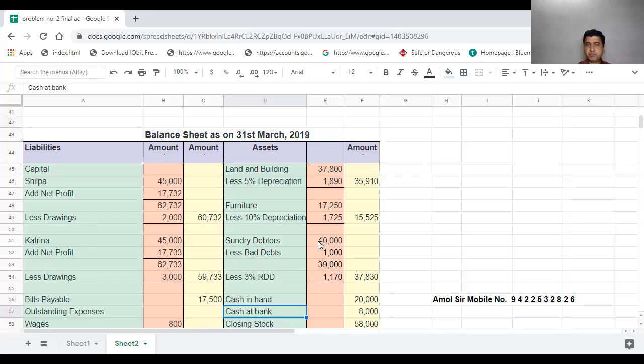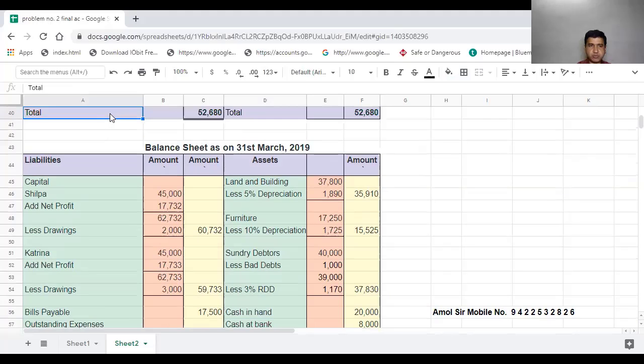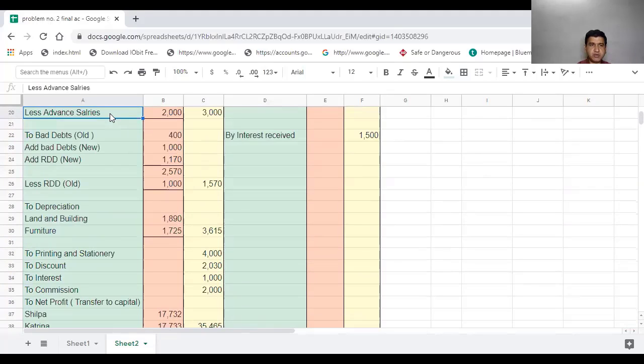The amount comes to 39,000. On this 39,000, we have to calculate 3% RDD, that is 1,170. If we less it, outer column 37,830. This bad debts and this RDD both go to profit and loss account on debit side.